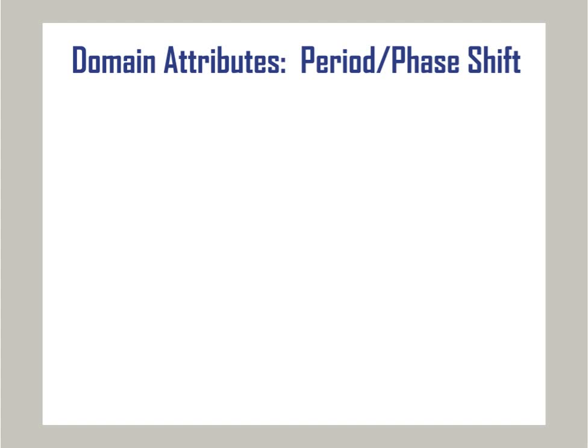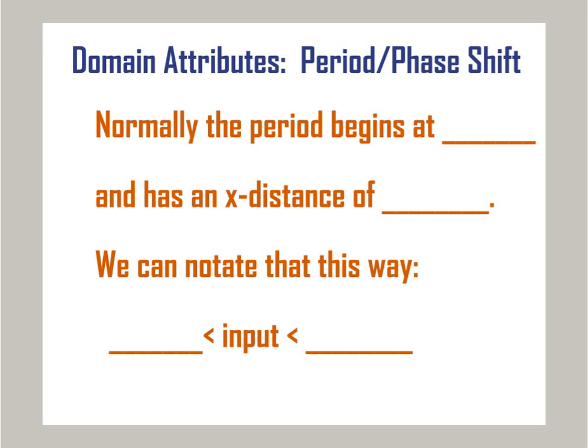Let's talk about the domain attributes, the ones that have to do with the x values, and those would be the period and the phase shift. So what do we do with these values? Normally a period begins at 0, as we just discussed, and has an x distance of 2 pi before it begins to repeat itself.